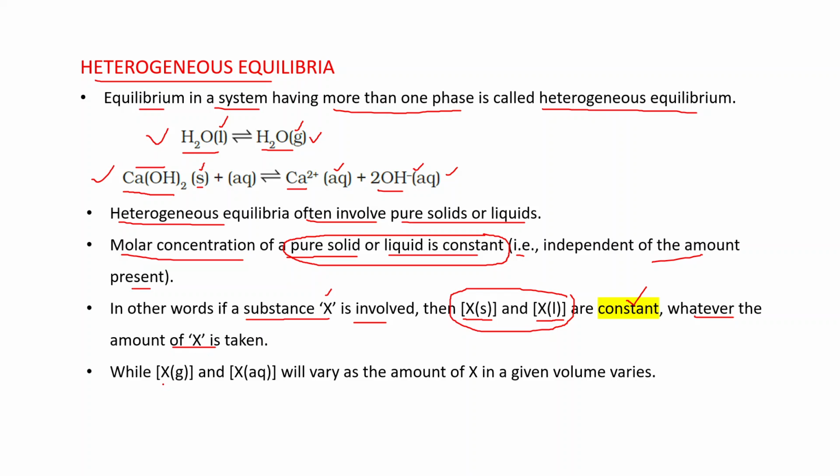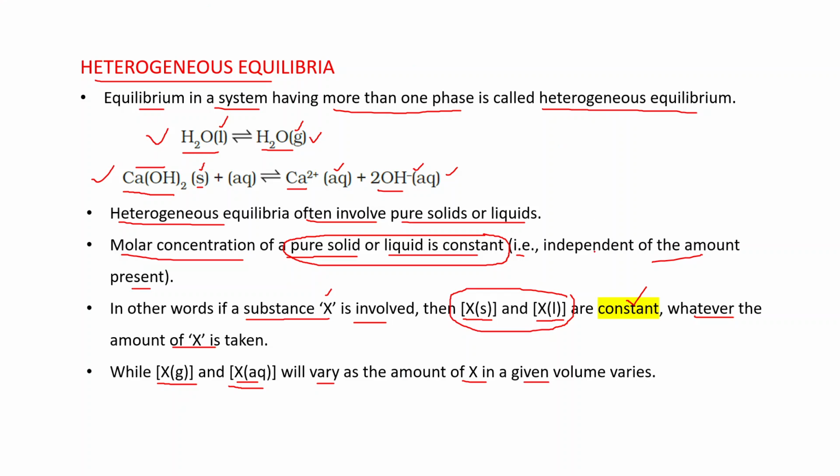While if X is in gaseous form or aqueous form, then [X(g)] represents the concentration of X in the gaseous state and [X(aq)] represents the concentration of X in aqueous form, and these will vary as the amount of X in a given volume varies.